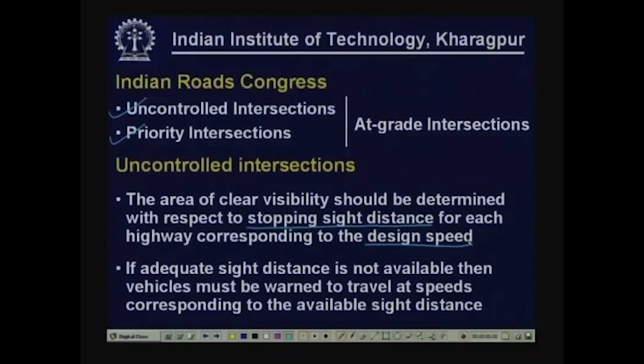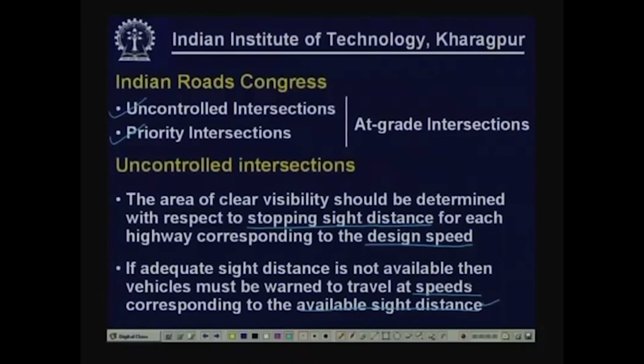So, it says that vehicles must be warned to travel at speed corresponding to available side distance. One can see what is the available side distance, and what speed it can accommodate. So, accordingly there should be speed restriction.